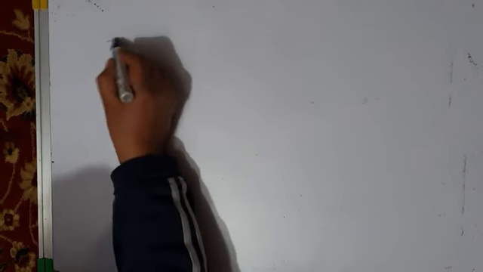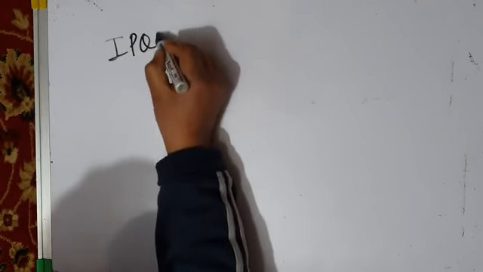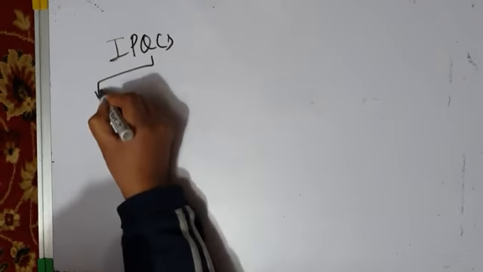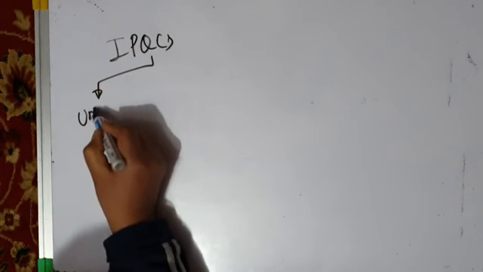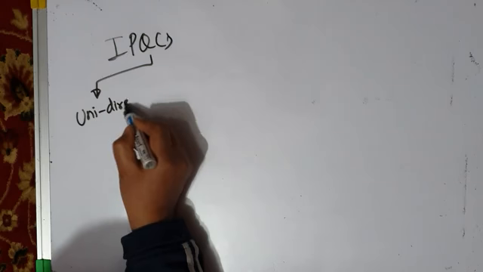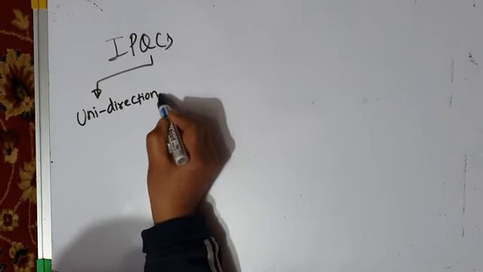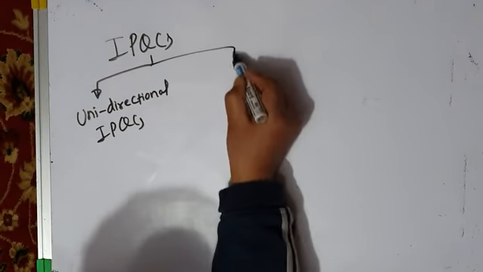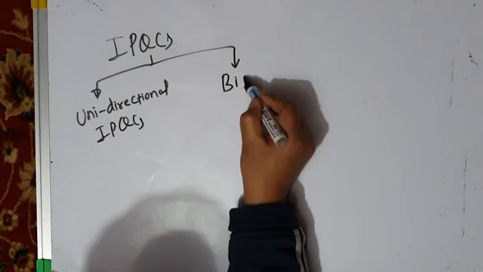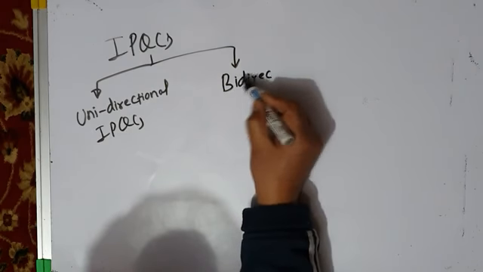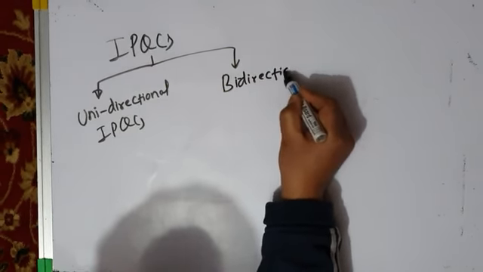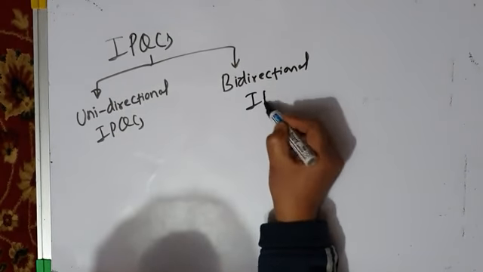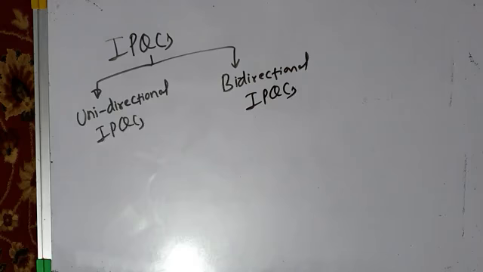Now, what are the types of improved power quality converters? If you take IPQCs, they are of two types. They are unidirectional improved power quality converters, and they are bidirectional improved power quality converters.